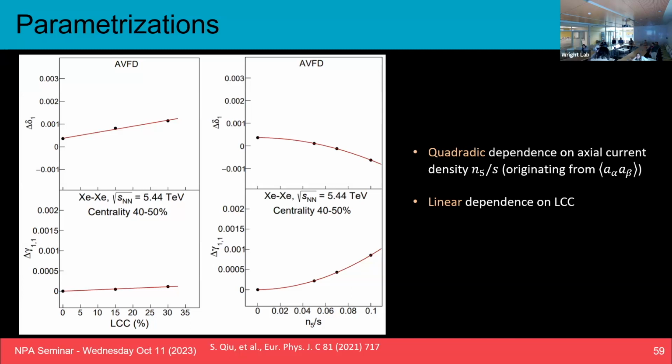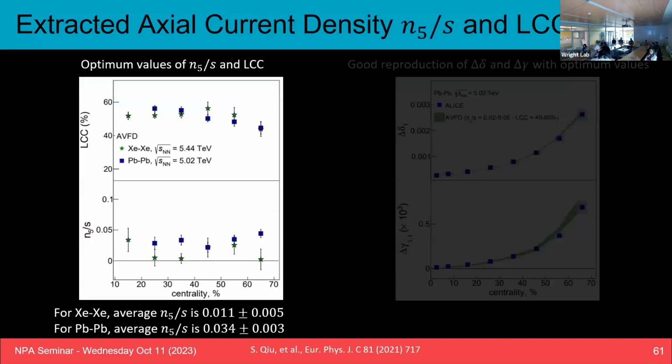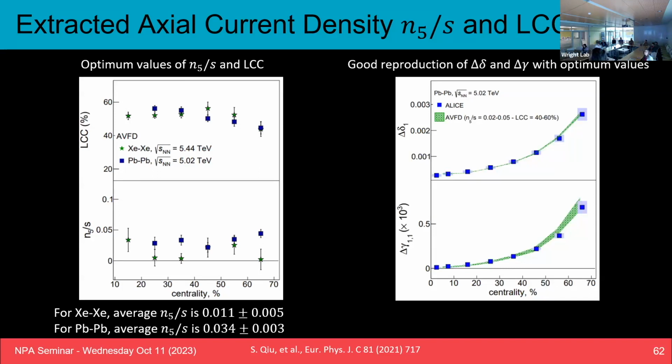From this relationship, it's easy to get your optimum background and signal value. What is plotted here is the value we extracted for the background and the signal, which is able to describe the measurement in the data fairly well. The blue is the data point from the measurement, and for each centrality bin we put in this optimal value, and you can see it describes the measurement very well.